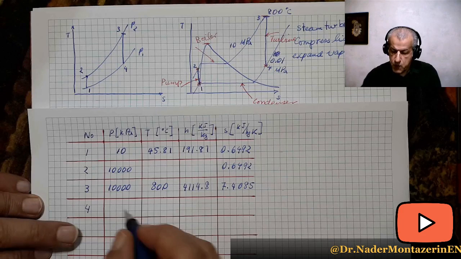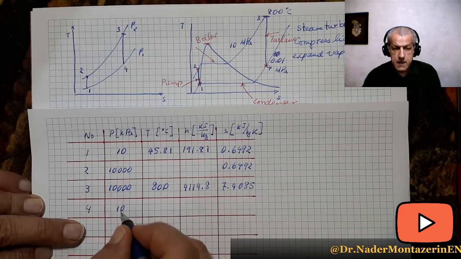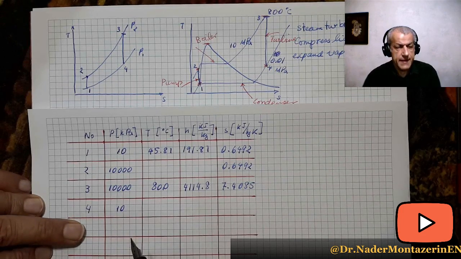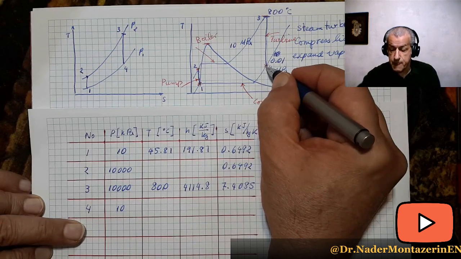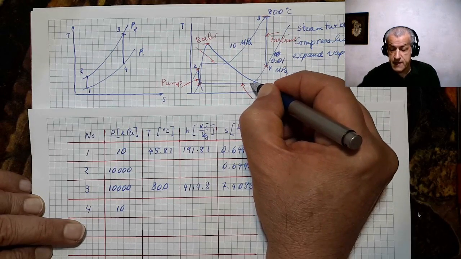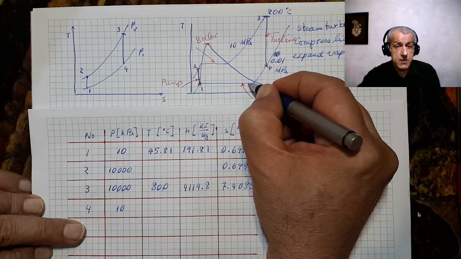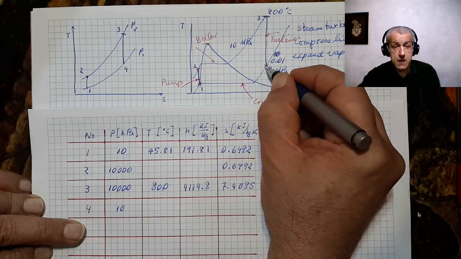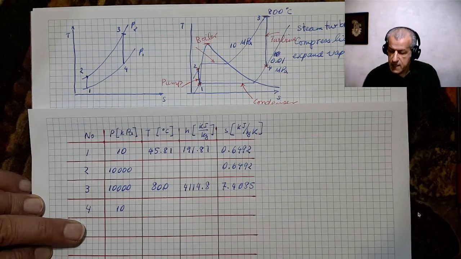As for point 4, we know that the pressure is 10 kilopascals. The temperature we don't know yet. If this point is inside the saturation dome, then the temperature is clear. But if it's not, then we have to calculate it.